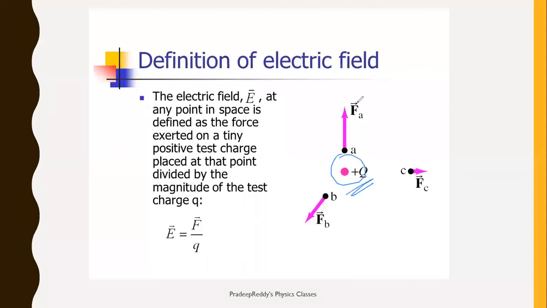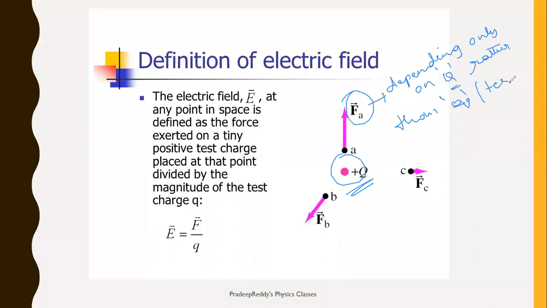So this electric force, is it depending upon capital Q or small q? It is depending on capital Q rather than the small q test charge. As it is a test charge, its magnitude is nearly equal to 0. It's not exactly 0, but nearly equal to 0.